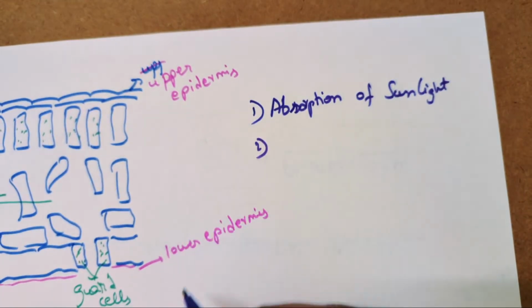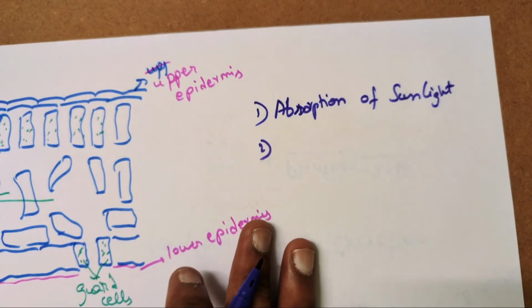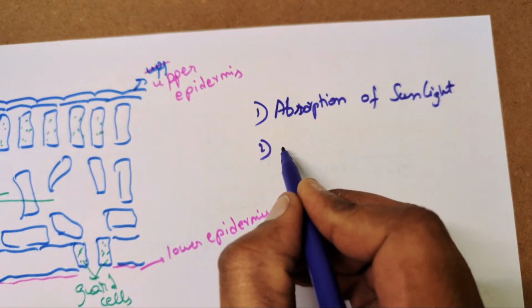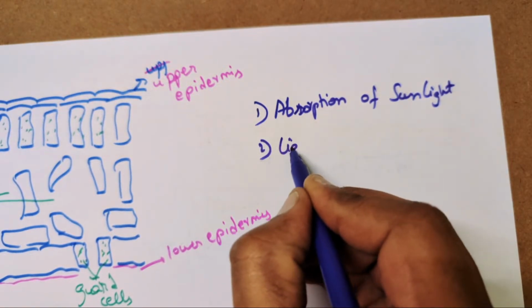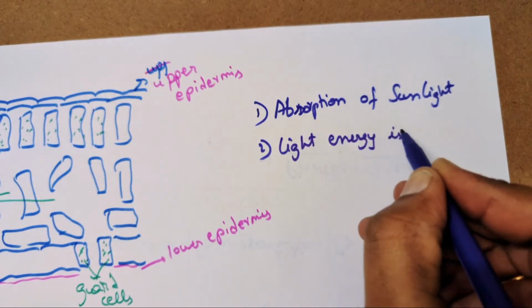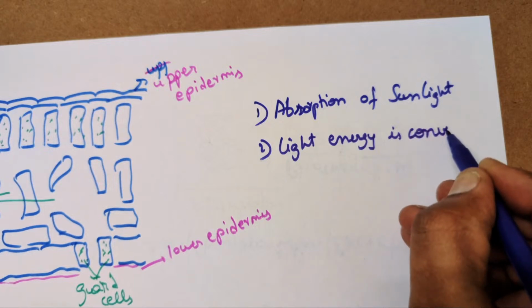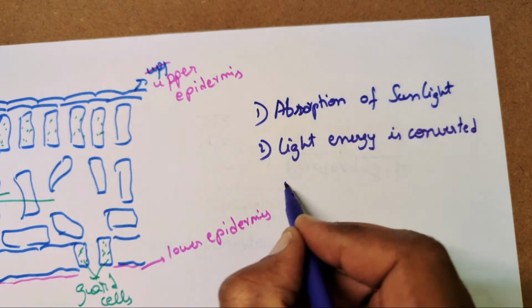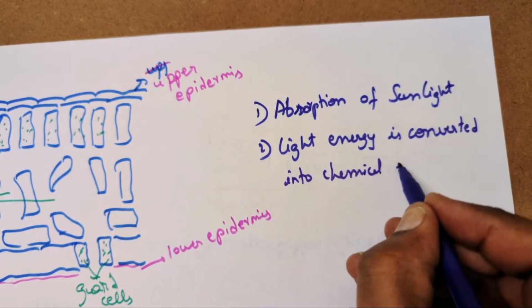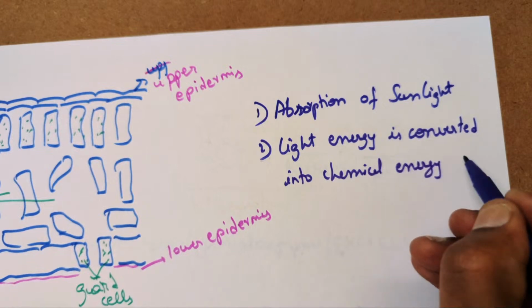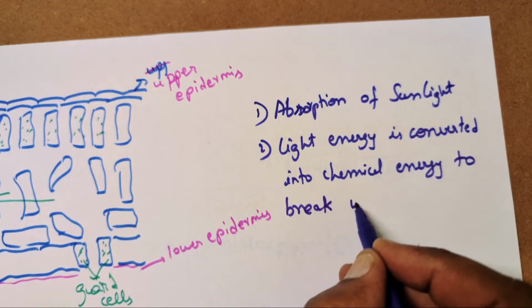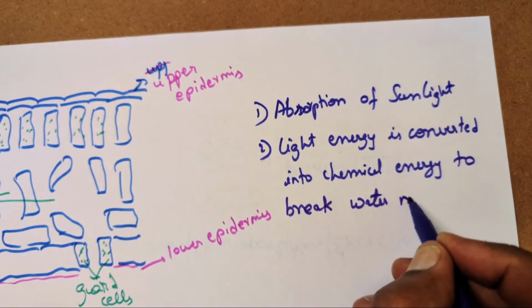Now light energy from the sunlight is absorbed in the leaf. Whatever light energy is absorbed is converted into chemical energy, which is used to break the water molecule.